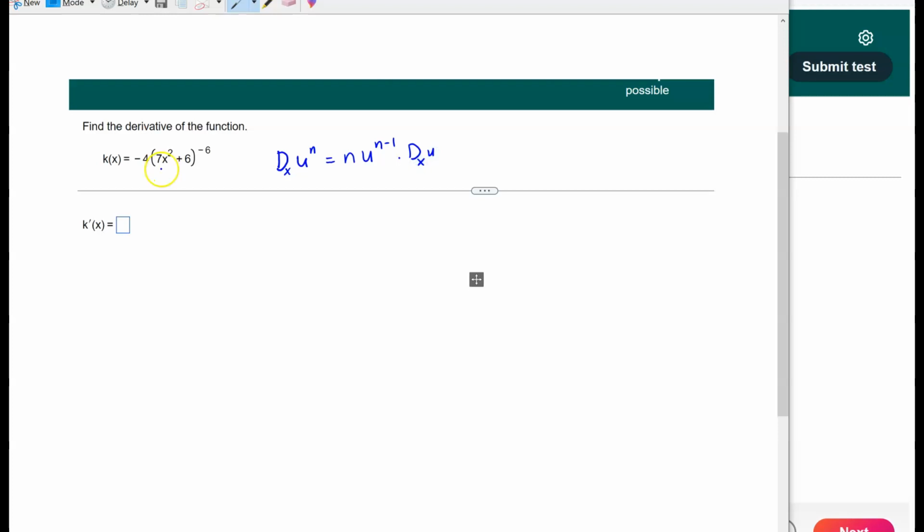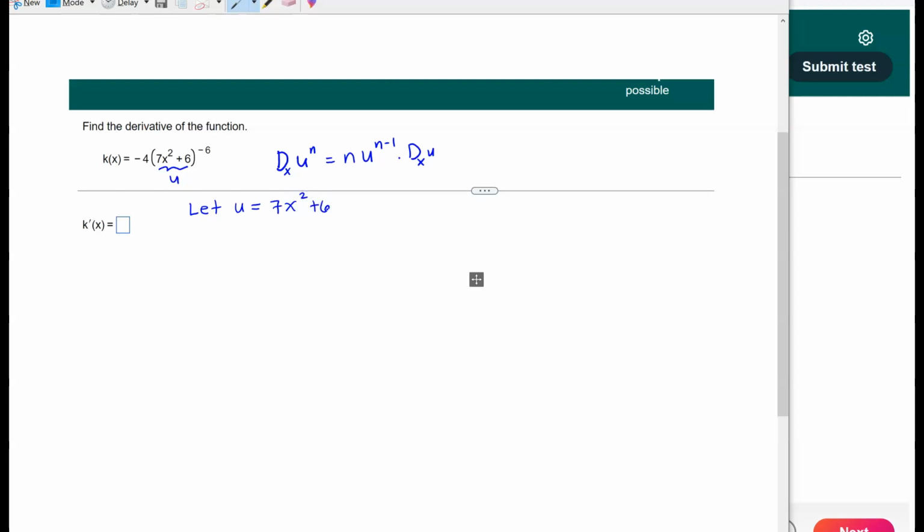Therefore, in this case, we would let this be equal to u. So we would let our base be equal to u. So u is equal to 7x squared plus 6.